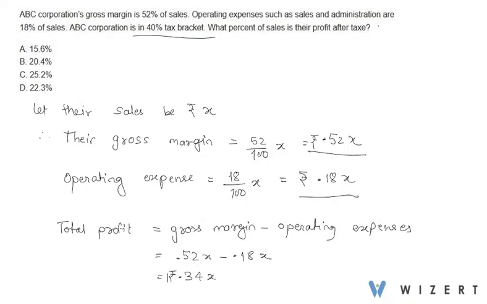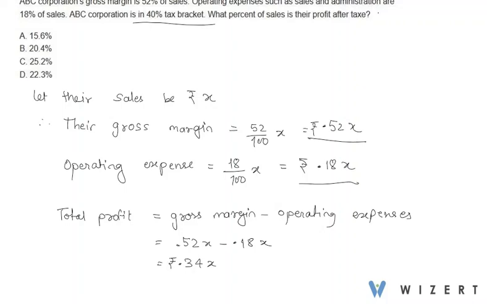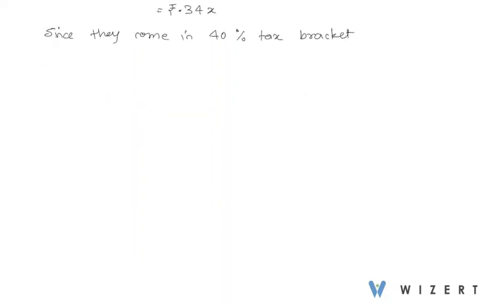Now since this corporation is in 40% tax bracket, they'll have to pay 40% of this particular total profit. Since they come in 40% tax bracket, they have to pay 40% of their total profit.